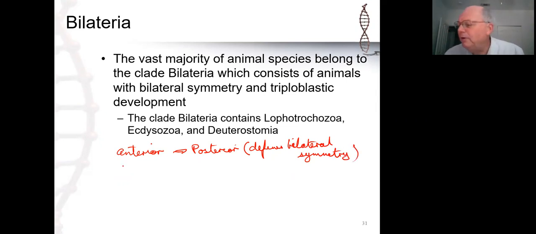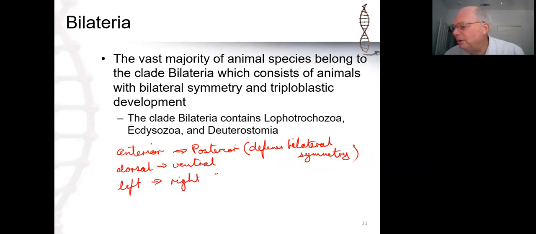And then we have dorsal ventral. And left and right.